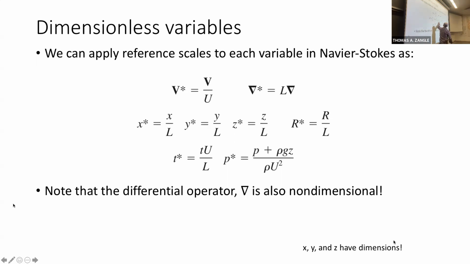All of our x, y, z variables are going to be scaled by L, our reference length in the problem. Time: we didn't put a reference time into the problem because we can take L divided by U, length divided by velocity, to get something with dimensions of time, which tells us about characteristic time in the problem. So we use that as our reference scale for time.